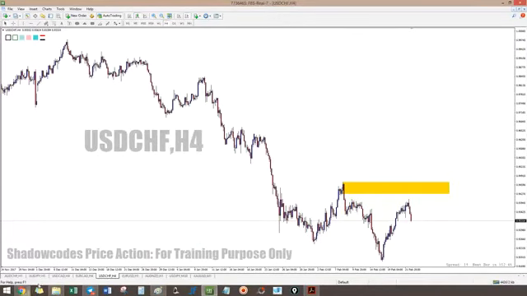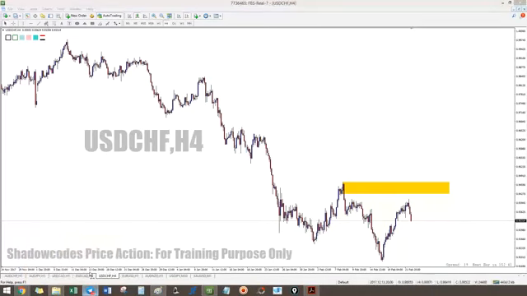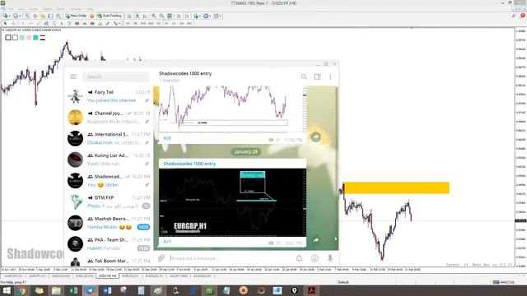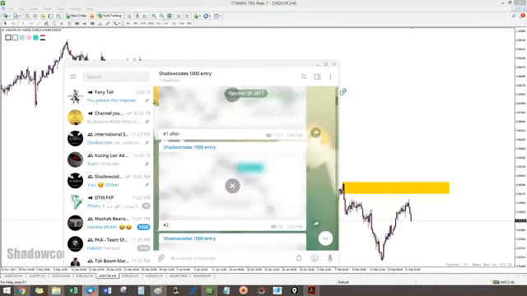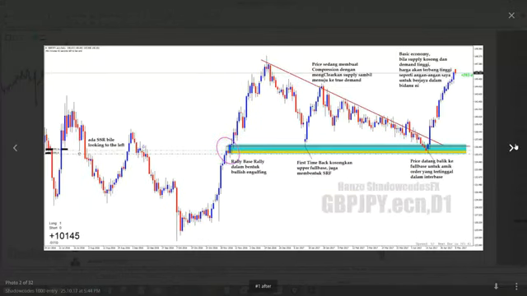I think I need to show you something here. Actually, I already showed you before. For example, this one. So this is a sell limit. Sell limit is not a thing because we need to wait for rejection. So this one got a rejection.